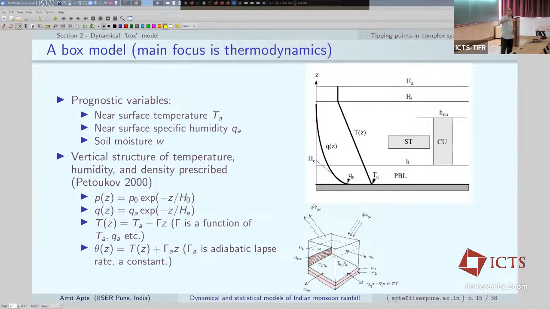The moist air starts rising, and as it gets to a certain critical temperature, it starts condensing. It cools down, and the rate at which the atmosphere cools has important implications for where and how the clouds form, and hence how it rains. So this lapse rate, how the temperature decreases with height in the atmosphere, is one of the most important parameters in this model.